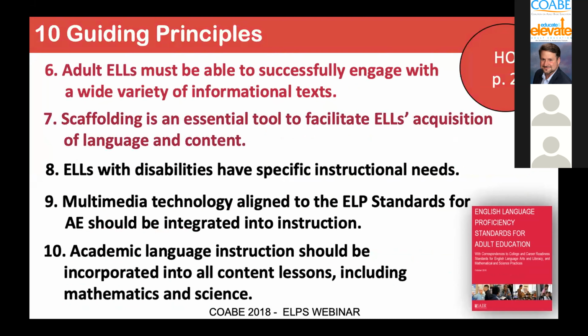And one important aspect of the standards is that scaffolding is an essential tool for teachers to assist students' language learning. Number 8 is one that you may not have as much familiarity with, but it's certainly very important that we concern ourselves with our learners with disabilities, who have specific instructional needs that we need to meet.